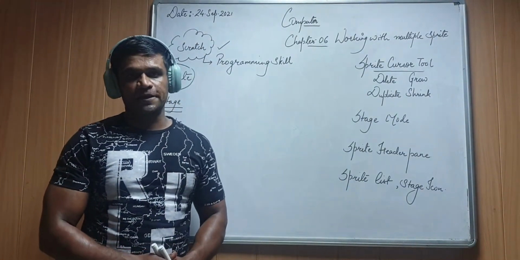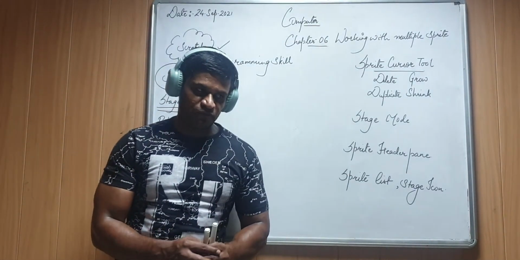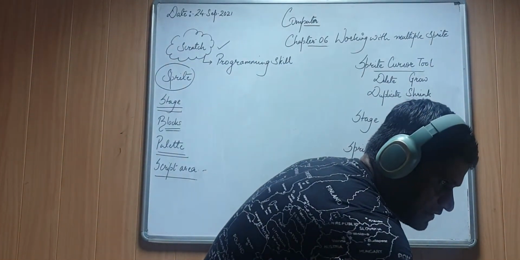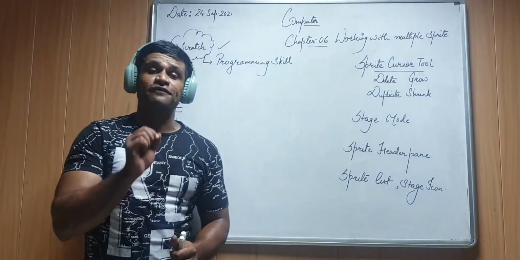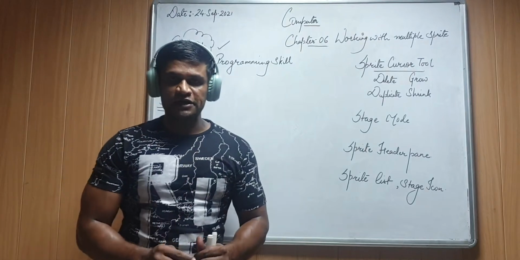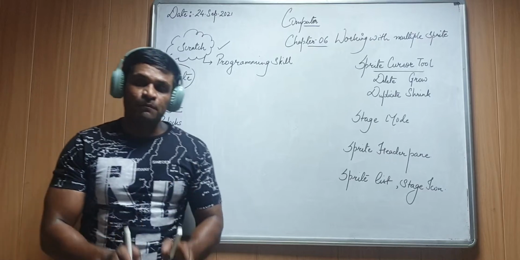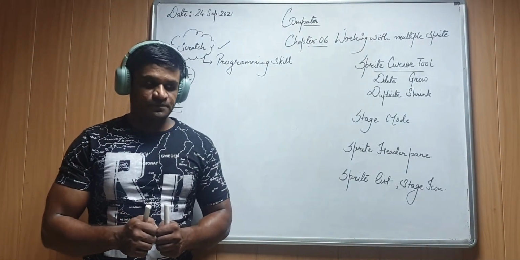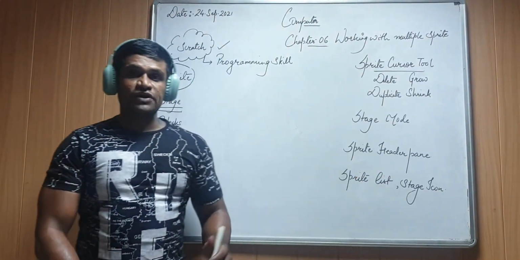Like right now in your sprite list, figure 6.5, page number 65, as you can see, it's showing only one sprite right now because at the moment only one sprite is available on our stage. So the sprite list will show you all the sprites which are available on the stage, and your stage icon tells you regarding the stage.